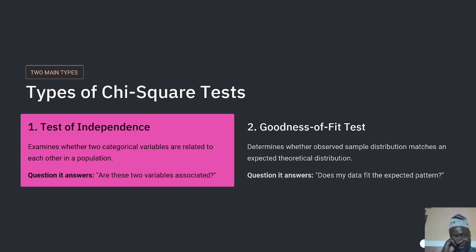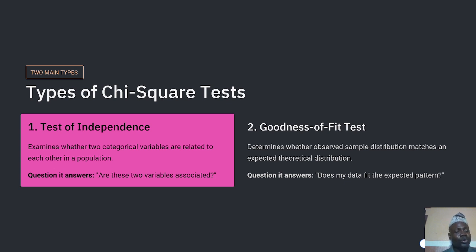We want to check whether the marital status of a woman determines the type of lunch that she gives to the child. Maybe we qualified the lunch into nutritious by some parameters, not nutritious by another parameter.